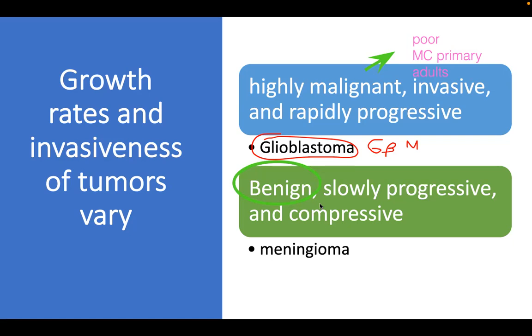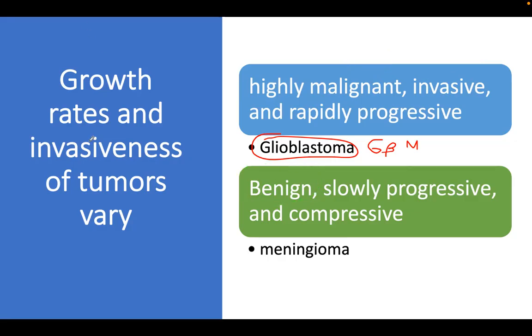So always remember, meningiomas are benign. They are slowly progressive. They grow very slowly. However, they can compress, okay? They can compress surrounding intracranial structures, cause edema, cause increased intracranial pressure.